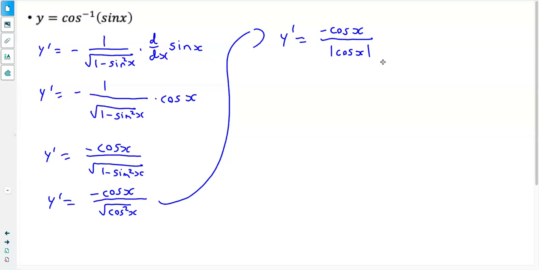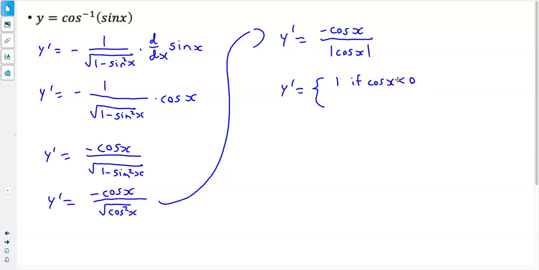Now this is going to give us a couple of different answers depending on where our x value is. Because the denominator is always going to give us a positive version, while cos x could be negative or positive. So we're going to have y prime equals 1 if cos x is less than 0.